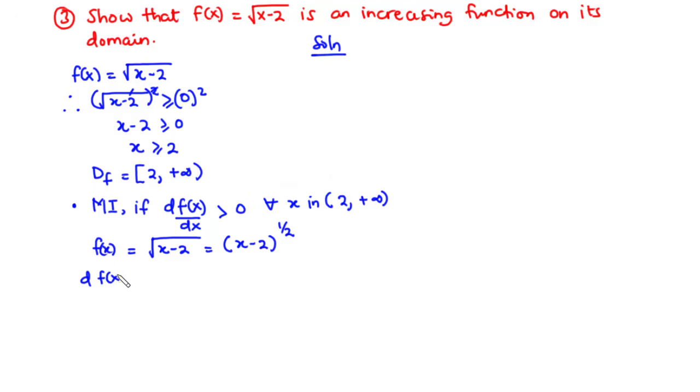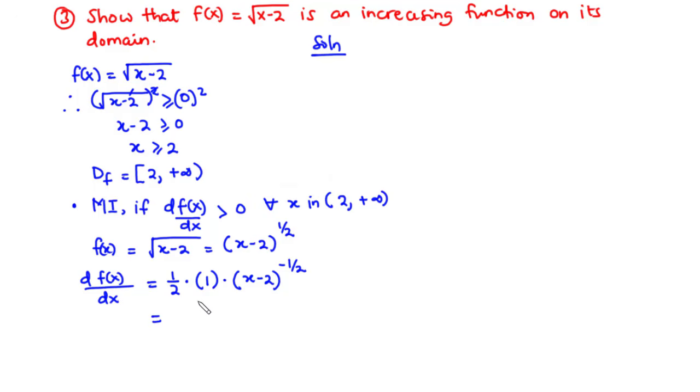Therefore, the derivative of this function becomes, now we are going to drop the exponent, so that becomes 1 over 2 times, we differentiate what's in the bracket, derivative of x with respect to x is 1, and then this one is a constant, so when you differentiate a constant, it becomes 0, and then you repeat what's in the brackets, and then you subtract 1 from the exponent. Now 1 over 2 minus 1 is negative 1 over 2.